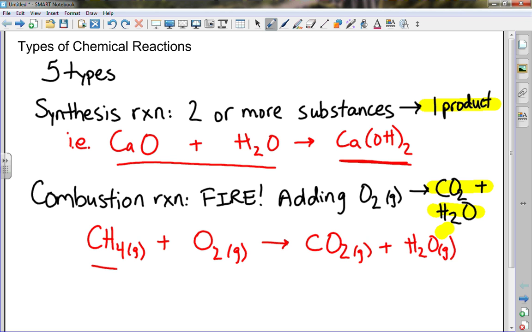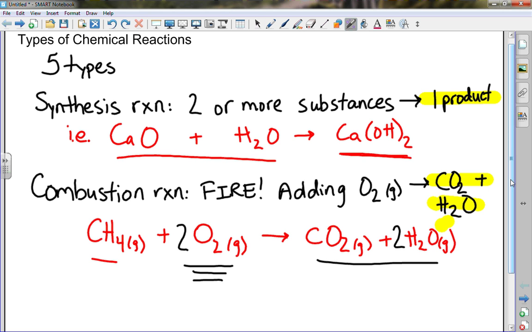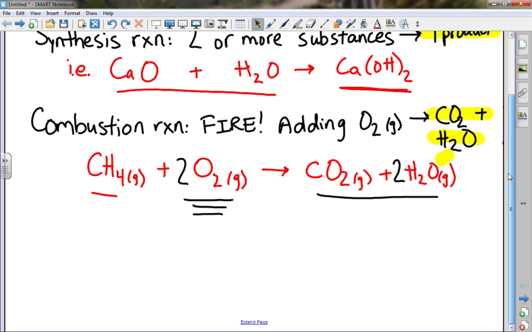And hopefully you're looking at this and going, wait, Ms. B, it's not quite right, you need to balance it, and what would you do? Well, you would add a 2 here, and then you would add a 2 here, and now we're balanced. But this is the combustion reaction. Again, the key point here is you're adding oxygen gas, and you're producing carbon dioxide and water. So that's that reaction there.